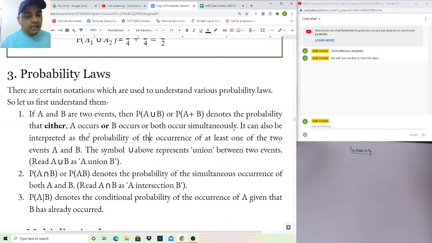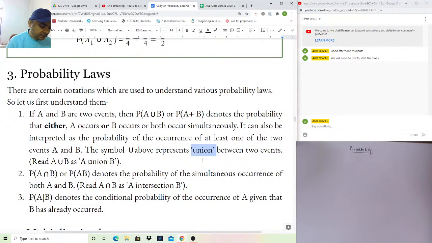That is, A occurs or B occurs or both occur simultaneously. It can be interpreted as the probability of occurrence of at least one of the two events A and B. The symbol represents union.